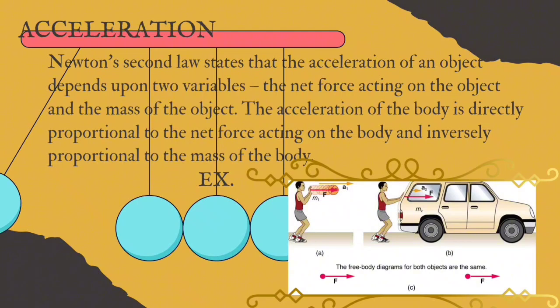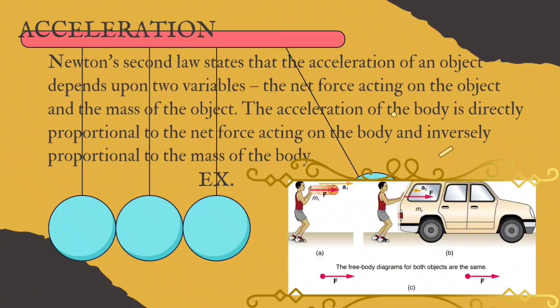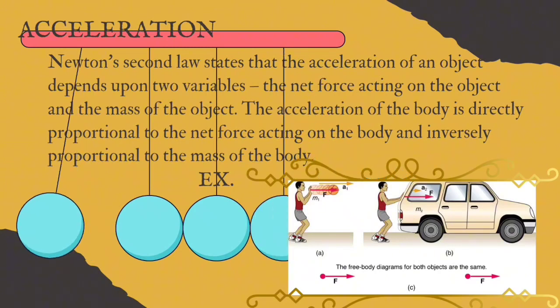Pushing a car involves a different type of acceleration. In this scenario, you are applying force to overcome the car's inertia, its resistance to changes in motion. As you exert force by pushing the car, you're causing it to accelerate from a state of rest, or from a slower speed to a higher one.